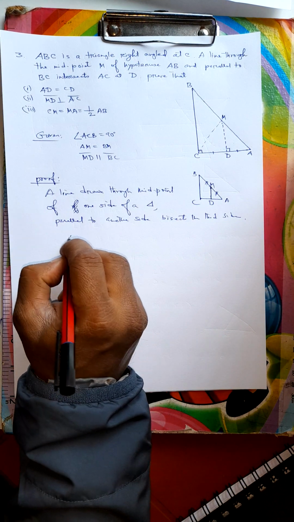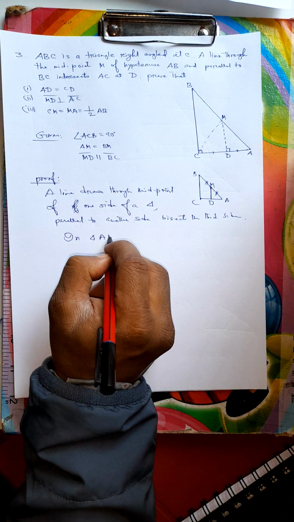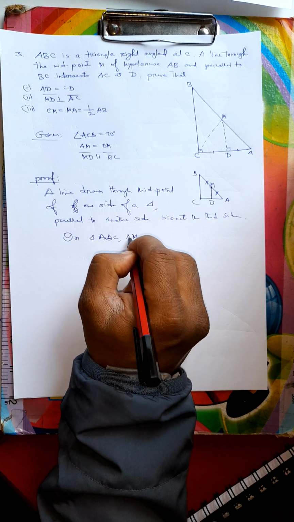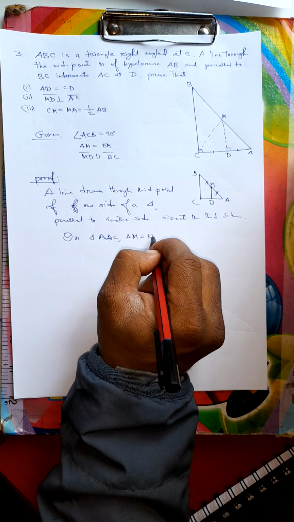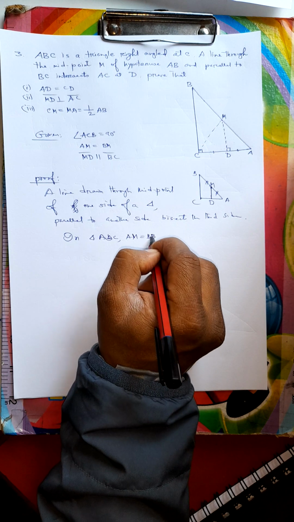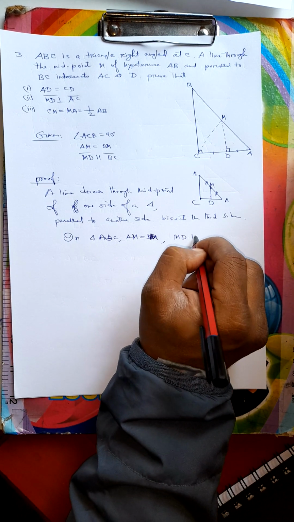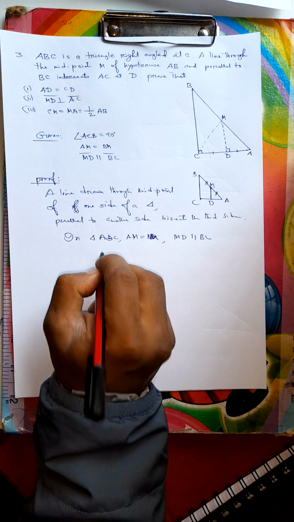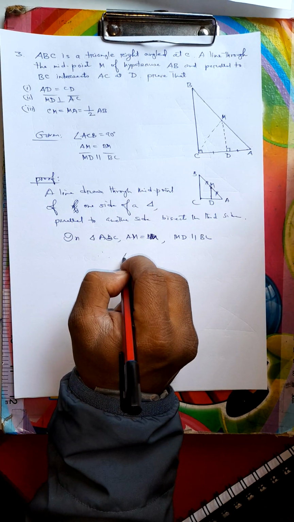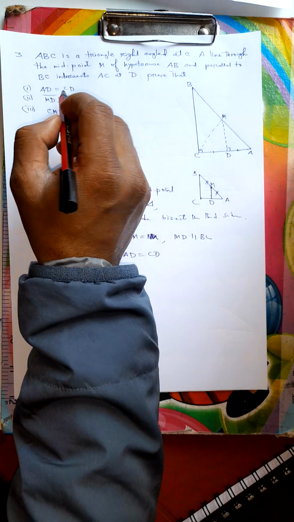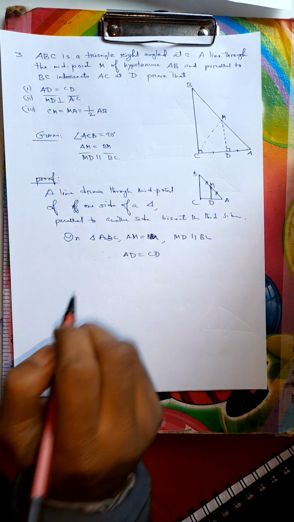Therefore, in triangle ABC, AM equal to BM, and MD parallel to BC, therefore AD equal to CD. That means the first part is proved.